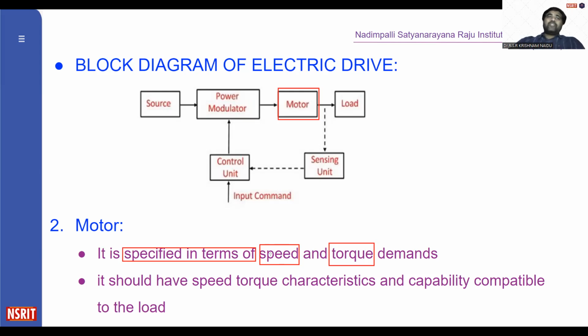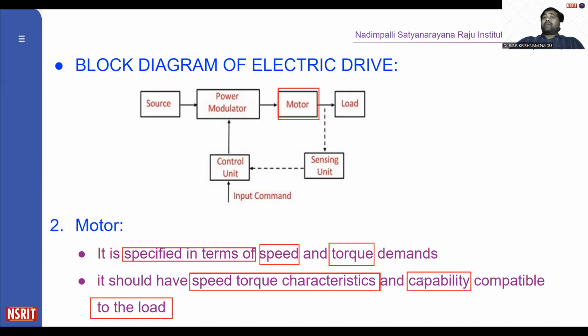Based on these parameters, the motor has to be selected, and it should have speed torque characteristics and capability compatible with the load. That is very, very important.